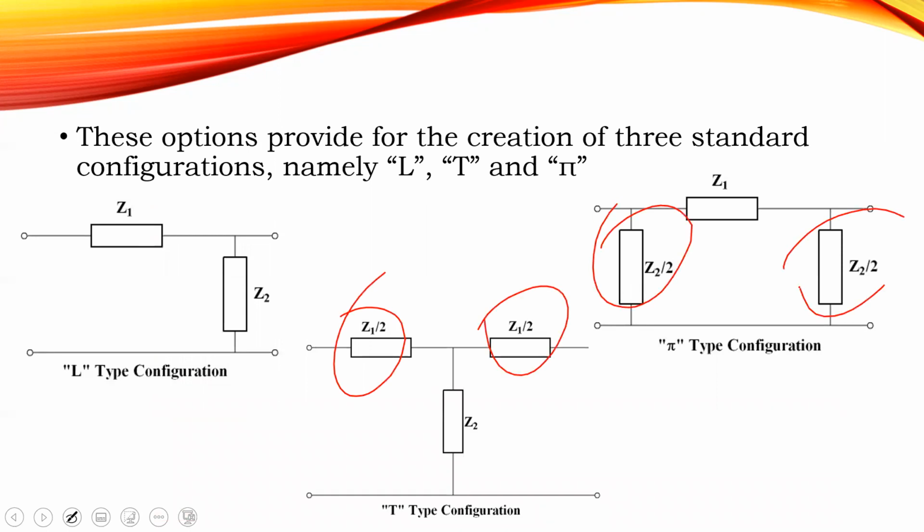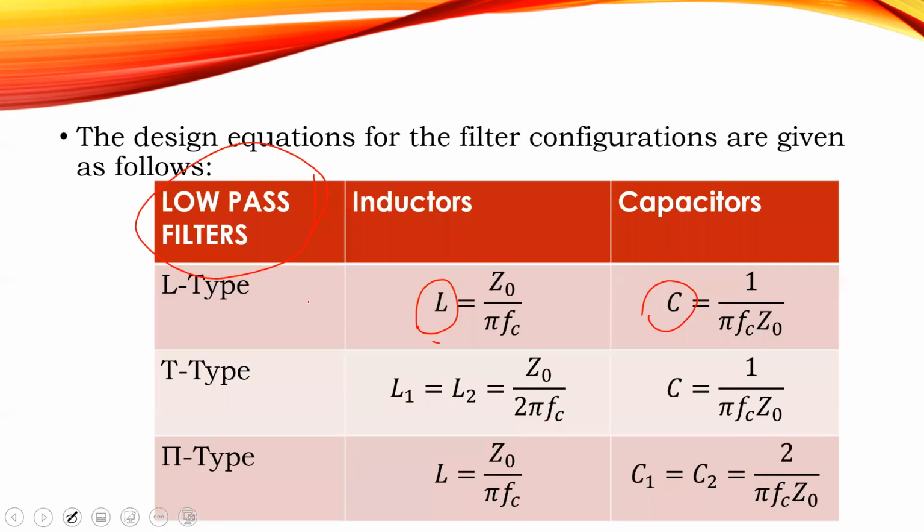All right, so Z1 here would be your inductor. Z2 would be your capacitor. So when you use your equation, that's what you would have calculated. So for your inductor, you are now dividing for your L1 and L2, which will be your Z1 over Z2.